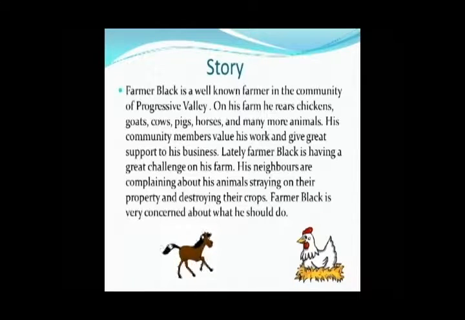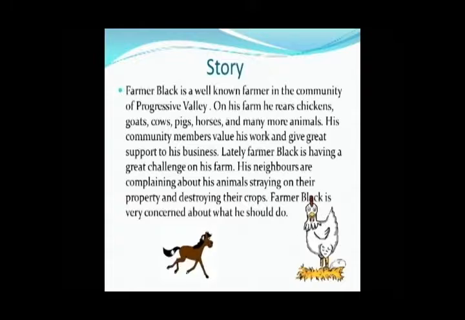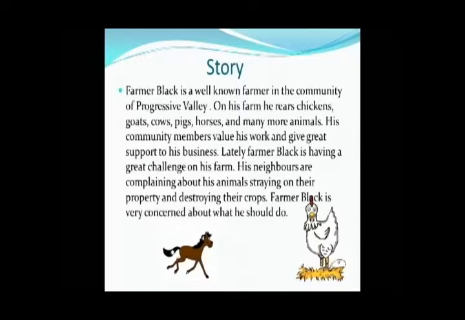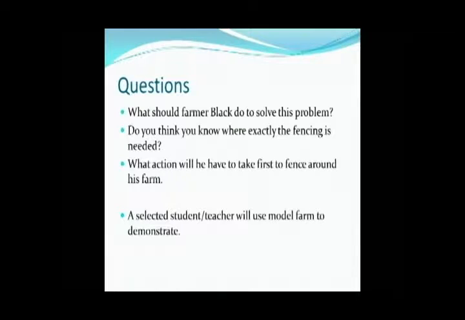Lately, Farmer Black is having a great challenge on his farm. His neighbors are complaining about his animals straying on their property and destroying their crops. Farmer Black is very concerned about what he should do. What should Farmer Black do to solve this problem?